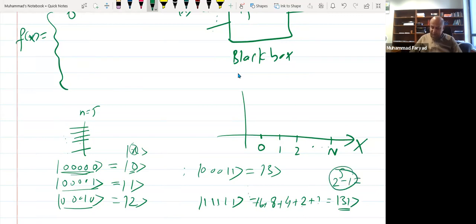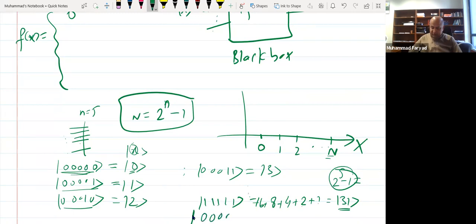So this capital N is actually 2 power n minus 1, where n is the number of binary digits in the input. So the maximum it can go is 2 power n minus 1, because 2 power n corresponds to actually this 1 at the 6th decimal place. So then this number is 2 power 6, which is 32. And if this number is just before that in binary counting, this is 31.